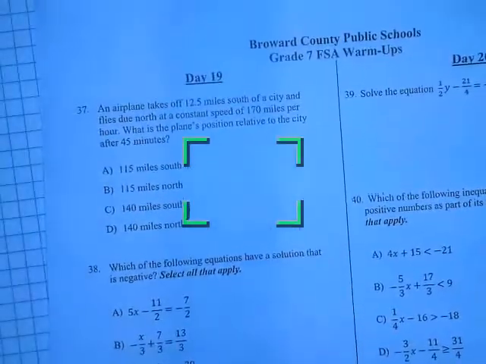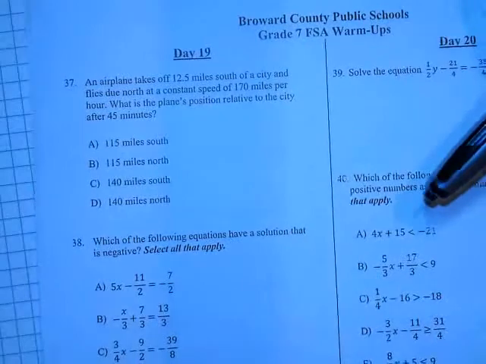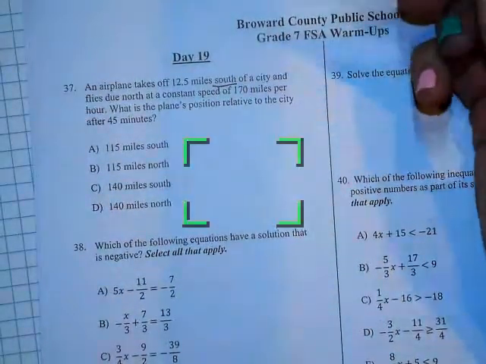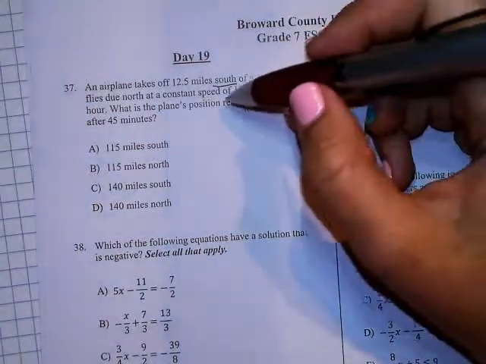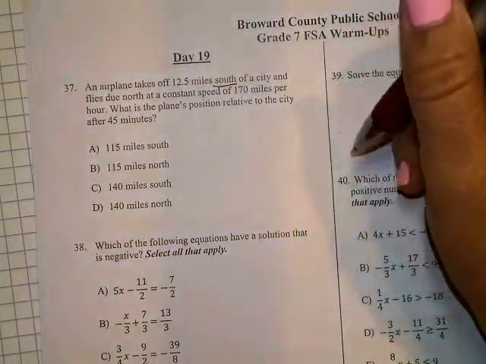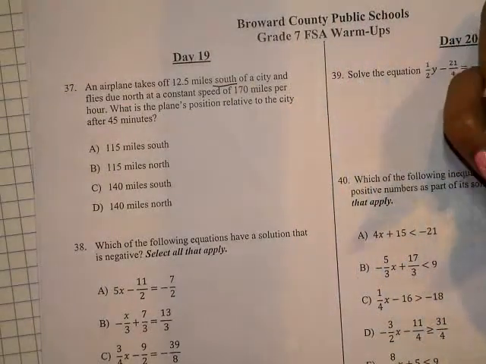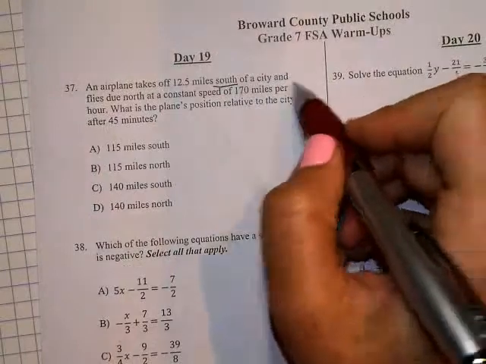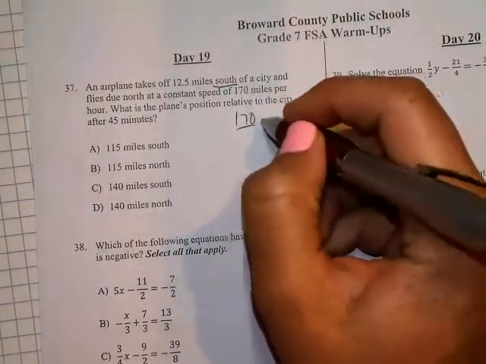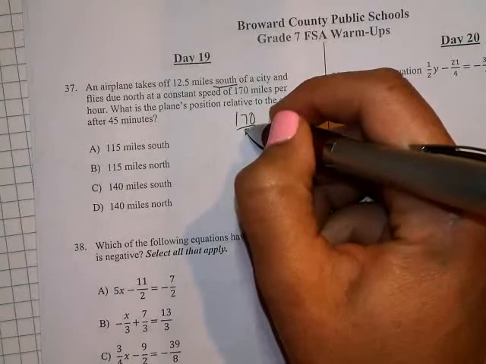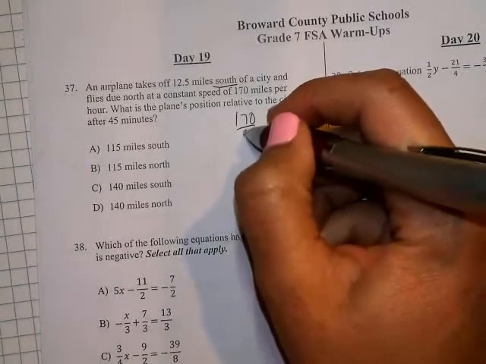An airplane takes off 12.5 miles south of the city and flies due north at a constant speed of 170 miles per hour. What's the plane's position relative to the city after 45 minutes? So, if he does 170 miles per 1 hour, 1 hour has four 15-minute intervals.